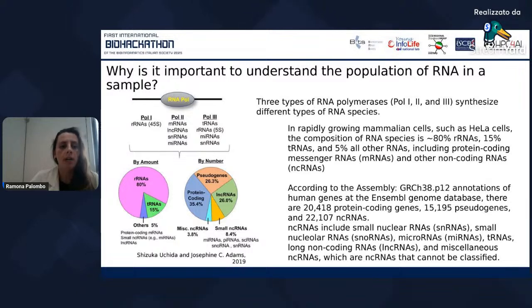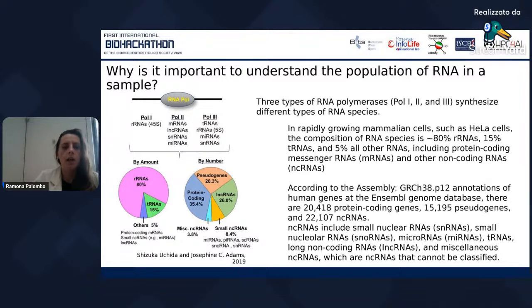They could be very similar, but also can have different features. And if we see the total amount of RNA that could be extracted by a growing mammalian cell, we can see that the most abundant species in the total amount of RNA are the ribosomal RNAs.